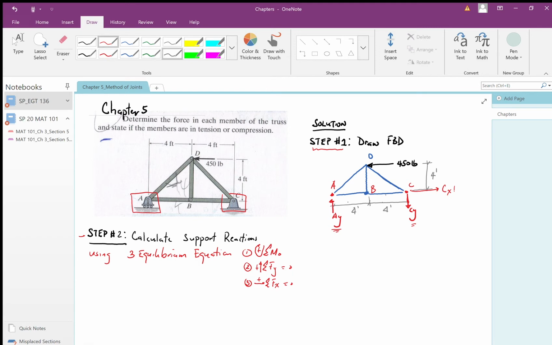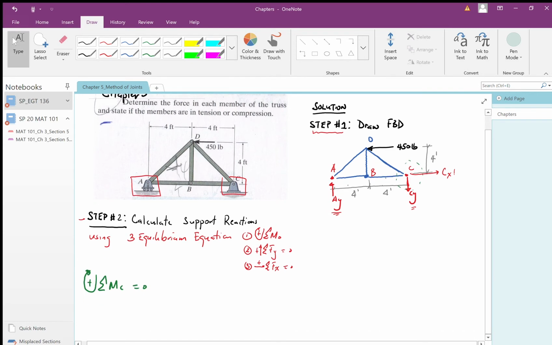So what I'm going to do now is take the moment about point C. The sum of my moments about point C equals 0, and I'm taking my direction to be clockwise. This is my point of interest right here. So I'm going to have my 450 pounds, with a distance arm of 4 feet, and it's going to create a moment in the negative direction.